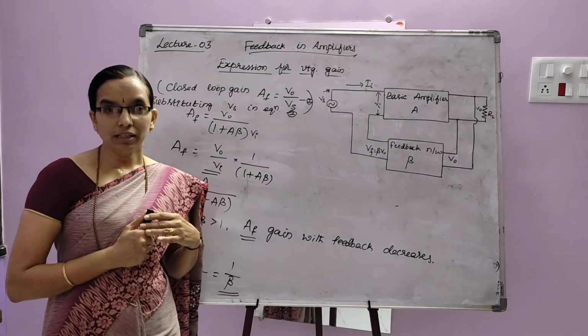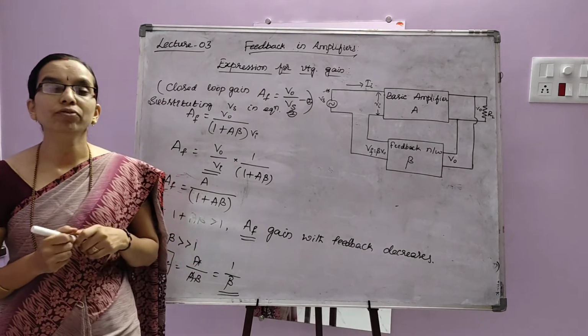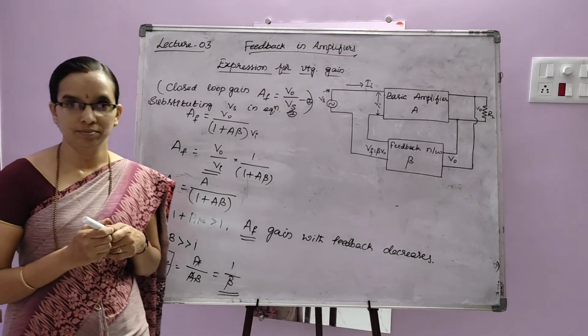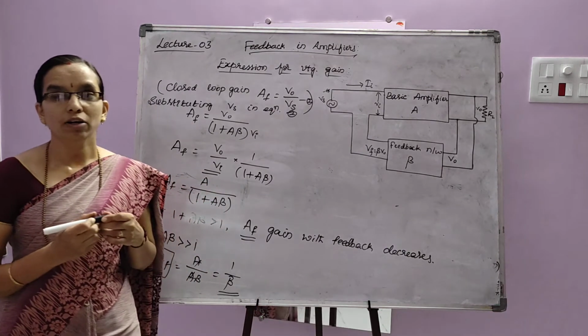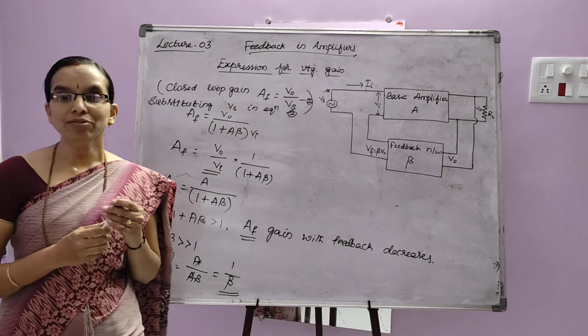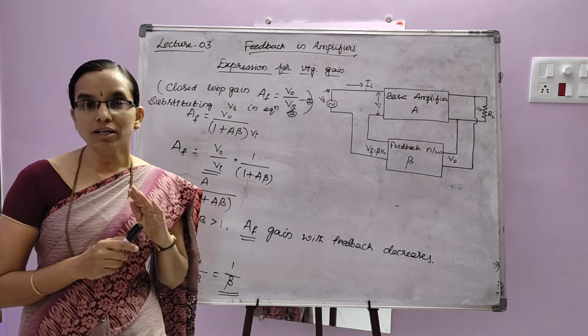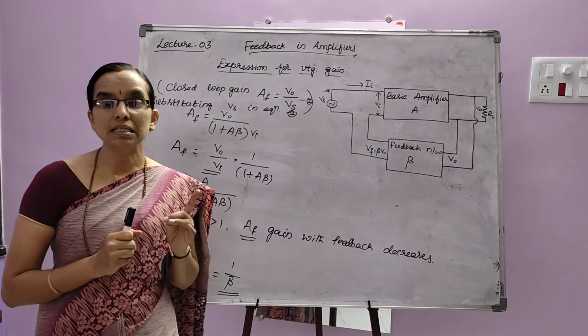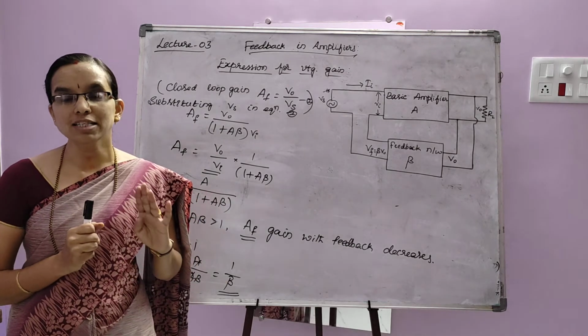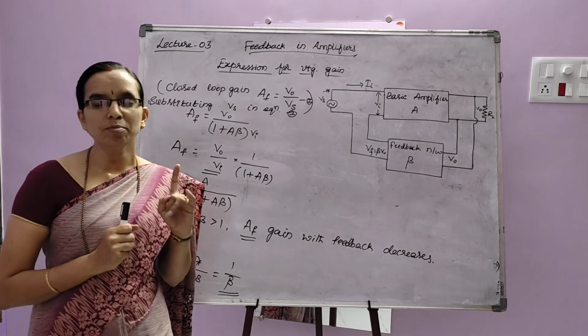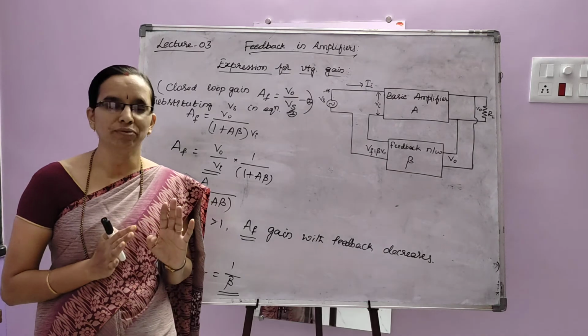Therefore, we can say that the gain with feedback is more stable. And also, if the gain decreases, it's not a big issue, but the stability of the gain should be there. If the gain is not stable, then there is a problem with the amplifier.